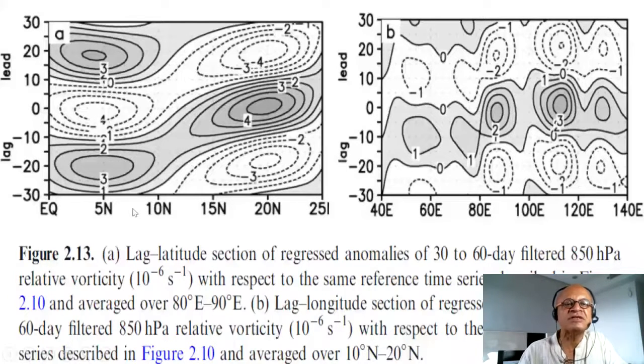And what you can see here is that when you look at the 80 to 90 degree east averaged longitudinal band, averaged northward propagation, you see the clear origin of these. Again, we are doing the lag lead kind of half-Hovmöller plot where day 0 is when the precipitation is maximum over the Bay of Bengal.